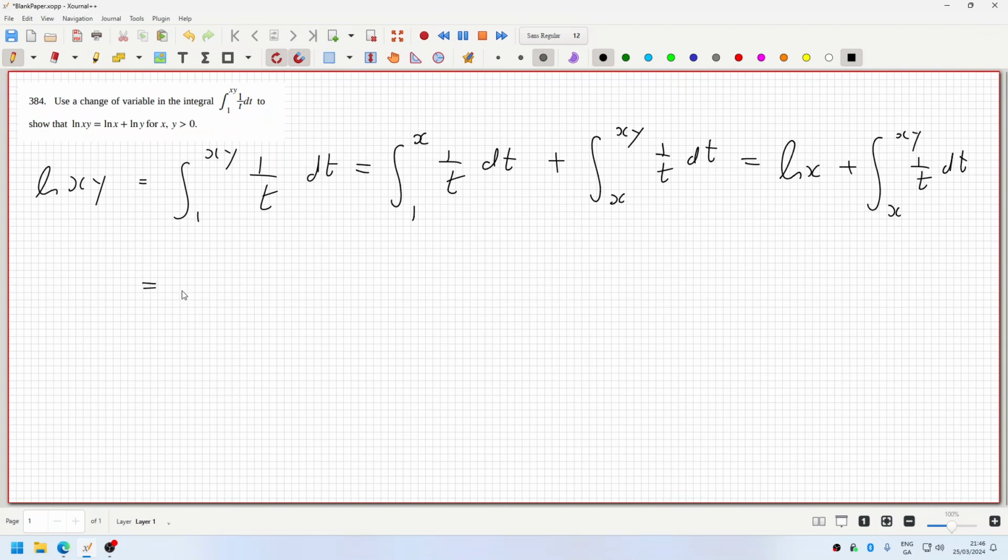So that would equal log x plus, and then we should use a substitution. Now we need to think about the substitution here. What we would like is this to turn into 1.